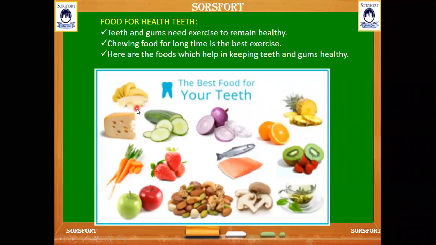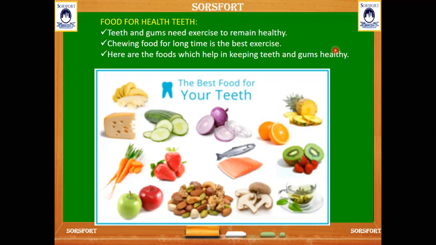These are all calcium rich foods which help a tooth to be healthy. And teeth and gums need exercise to remain healthy.